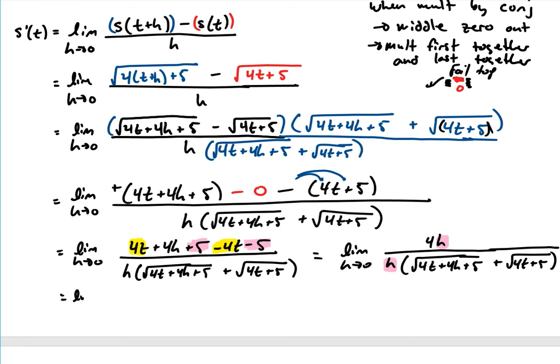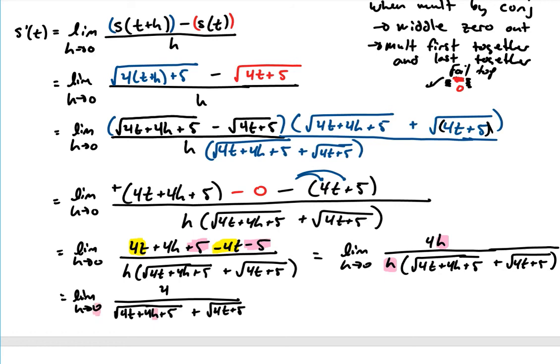And then we're left with the limit as h goes to 0 of 4 over just this square root plus that square root. So the square root of 4t plus 4h plus 5 plus the square root of 4t plus 5. And then now we can plug in h as 0.